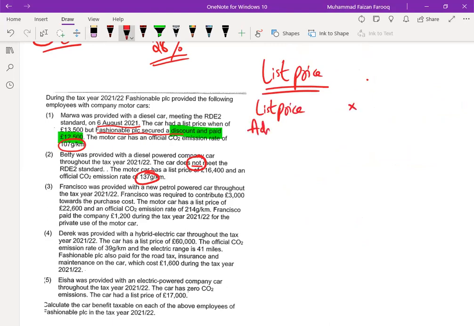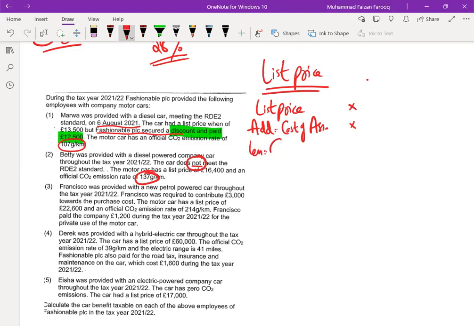Then if you have any information regarding the cost of accessories installed in the car. In a car, we do have accessories. No need to learn that there are rims, headlights, this, that. They will write accessories for you. So if there is an accessory in it, you are going to add it.